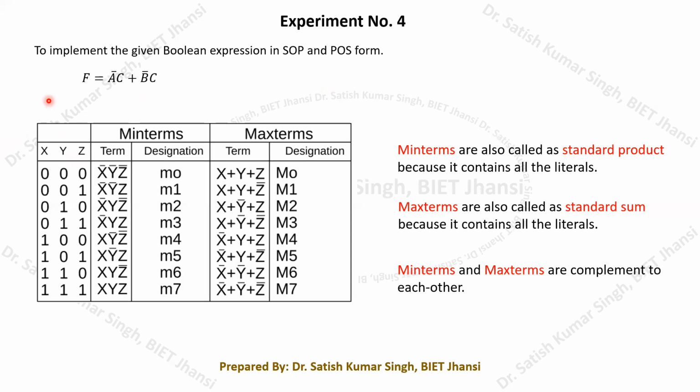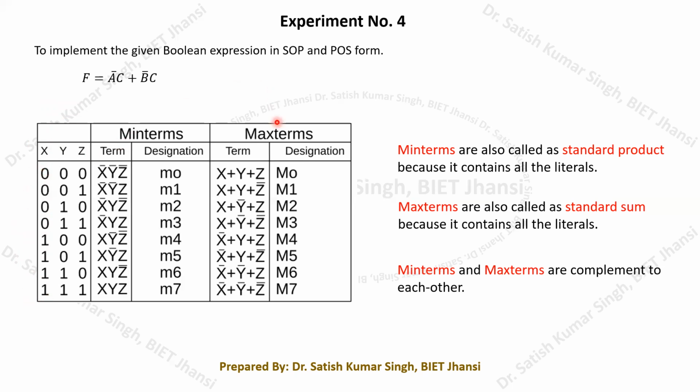Whenever the variable is 0, I can reflect this x as x prime, and whenever x equals 1, I will keep it in unprimed form, meaning x. If these three variables take 0 and 1, then we can form a total of 8 combinations. Once we have formed all 8 combinations, we can define what the min terms and max terms are.